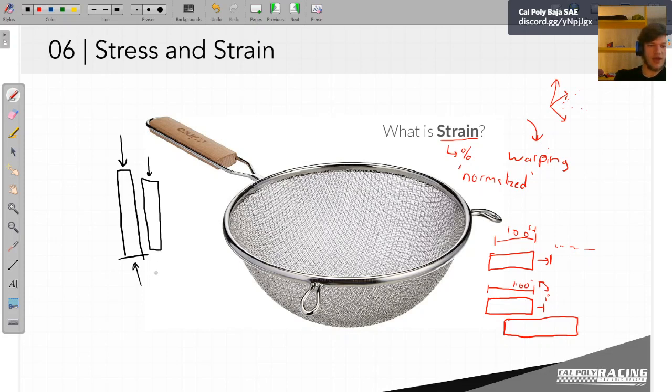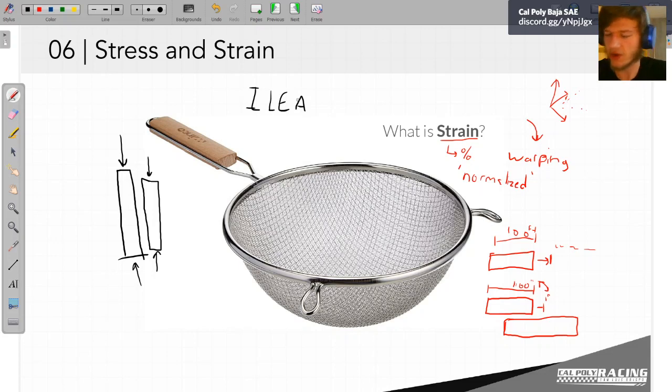One thing that I know we talked about a while ago, but I know it's been a couple weeks: one thing that we assume for the model that we're using, the isotropic linear elastic model. Did I spell that right? Isotropic.